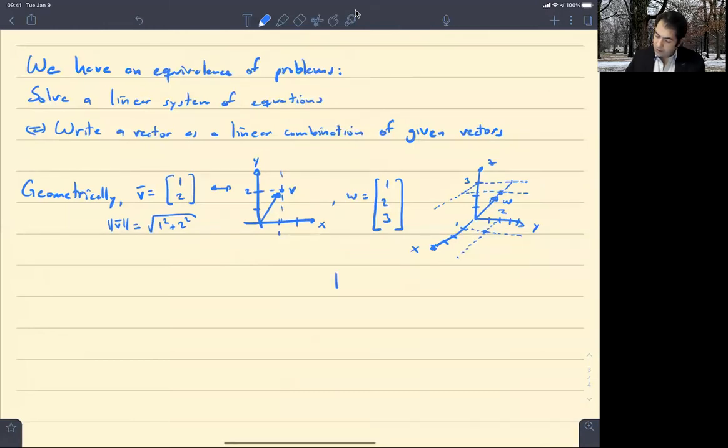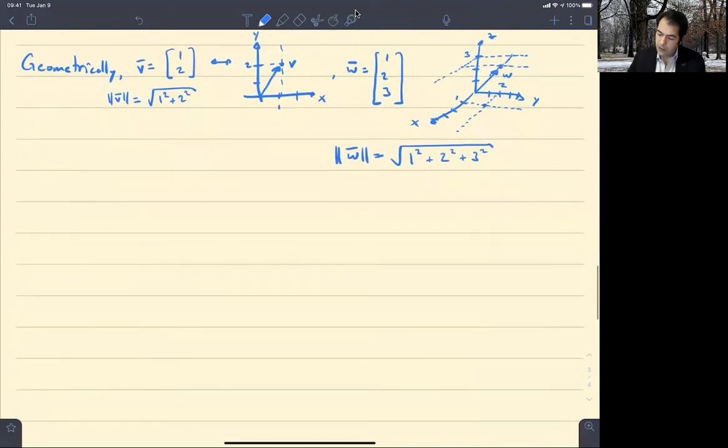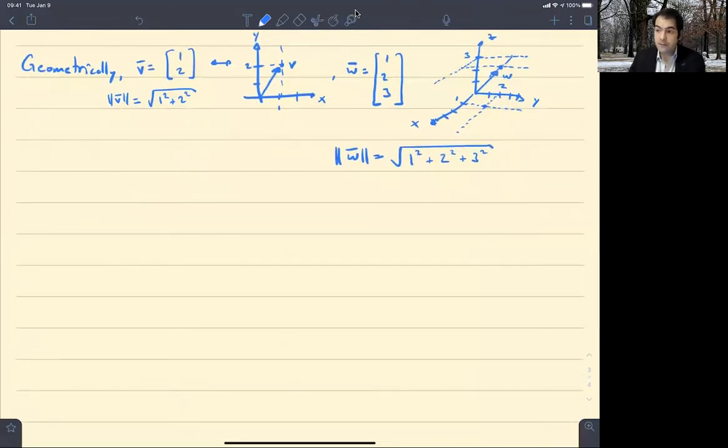I also have the length of this vector, which again, from the picture and the Pythagorean theorem, you can easily compute would be the square root of the sum of the squares of its coordinates. Okay, so that's how we represent vectors geometrically.